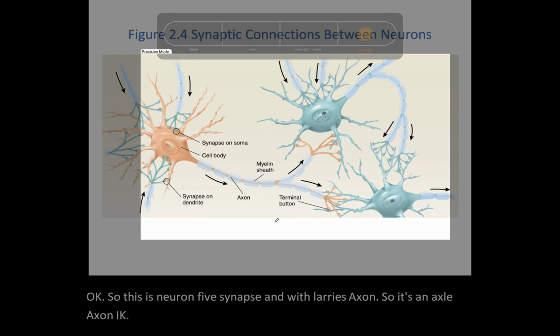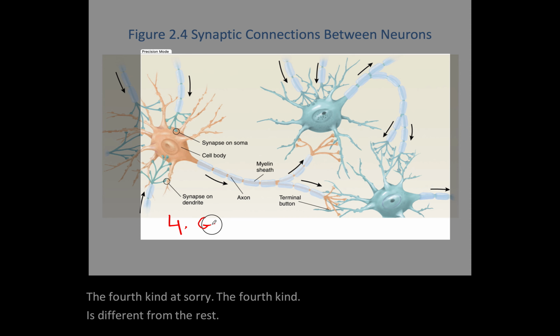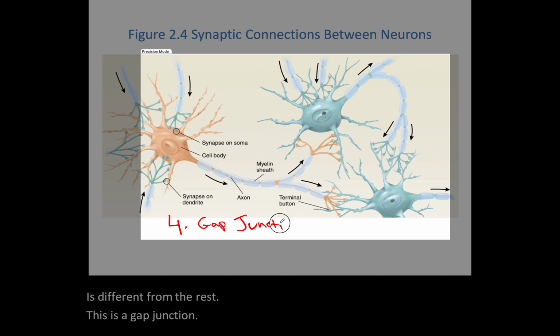The fourth kind is different from the rest. This is a gap junction. This is purely electrical.